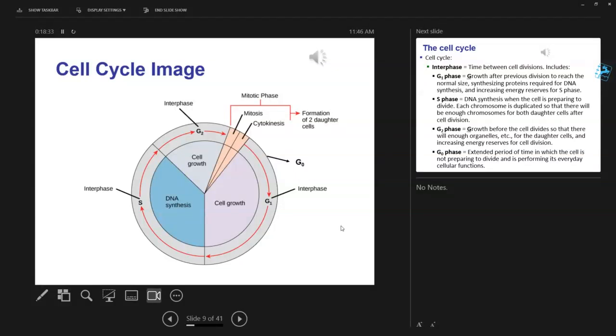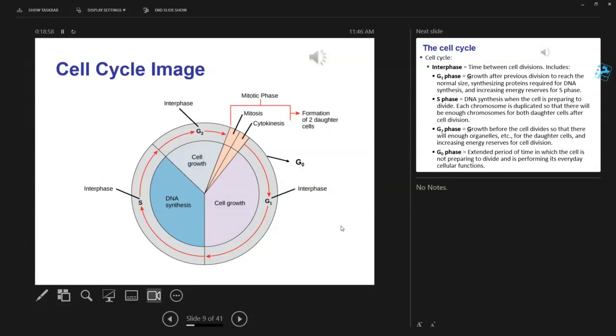So the life of a cell begins when it is formed by cell division. So here's the parent cell, and then these are daughter cells after cell division. So this is the beginning of this cell's life.